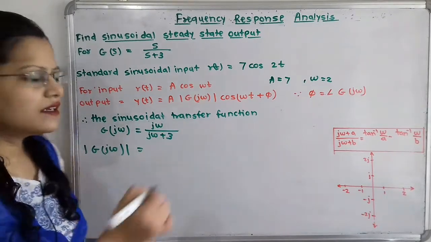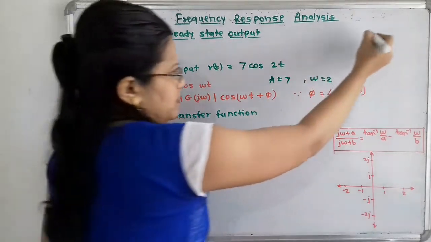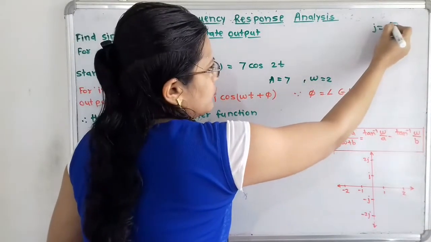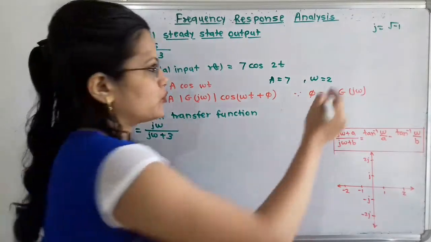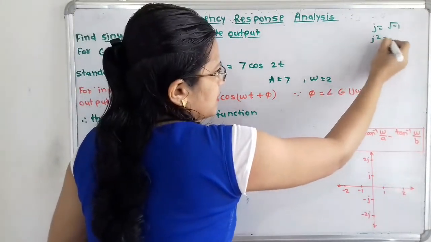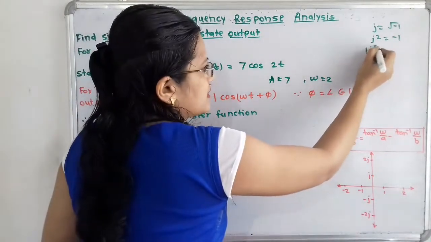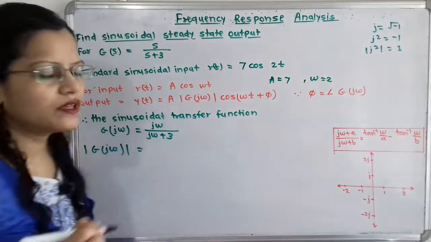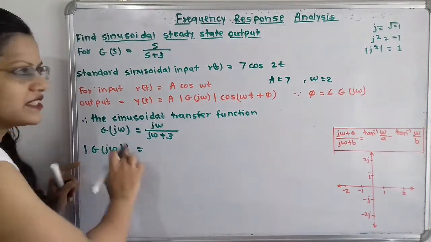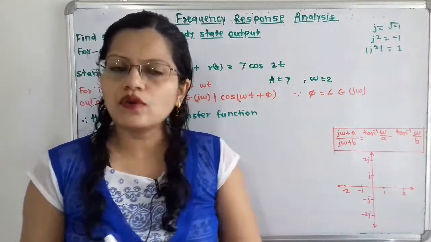We know that j = √(-1). Now I will take the square on both sides: j² = -1. Now if I take the modulus of j², then the value will become +1. So for this modulus of G(jω), we have to take j² = 1.